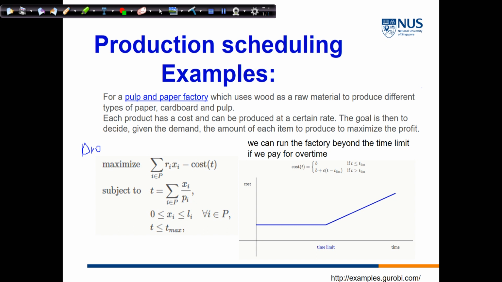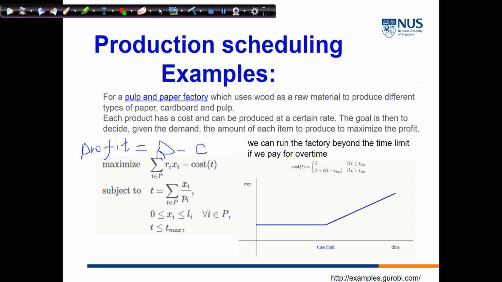What is a profit? A profit for a company, for a plant, equals the revenue, which means the return from the product, minus the total cost. So this is a profit to be maximized, which equals the revenue R minus the cost C. For the revenue, because it's a collection of products, I belongs to P, the total set of products.